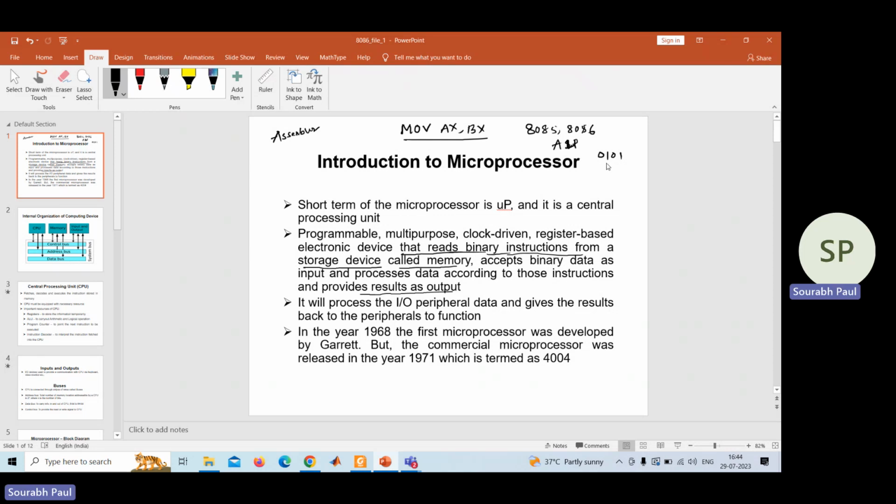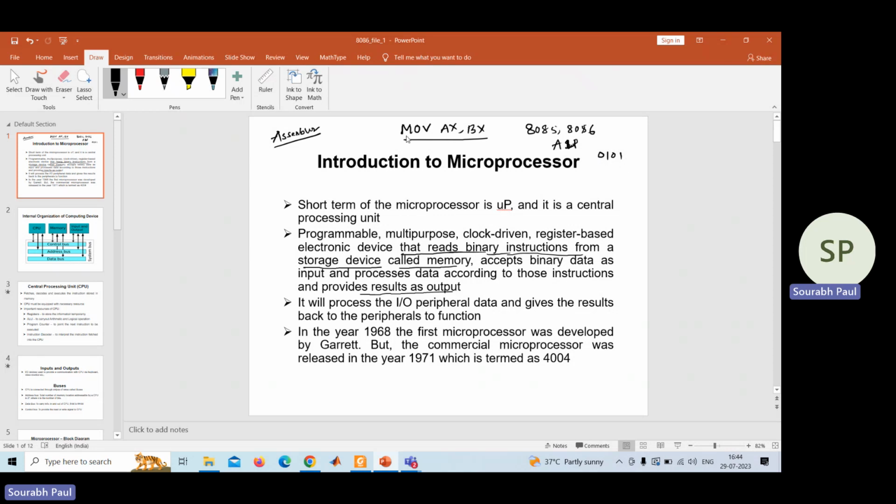So whenever the programmer writes an assembly language program, this program will not be directly understood by the processor. So the assembler will convert this assembly language program to machine language code. And machine language code is nothing but the combination of 0s and 1s. Okay.